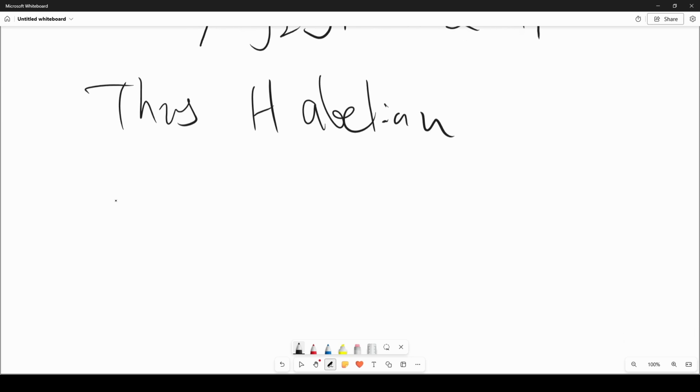Now, for the other thing, which is proving cyclic groups are the same when they're isomorphic, I need to define what cyclic is for you.